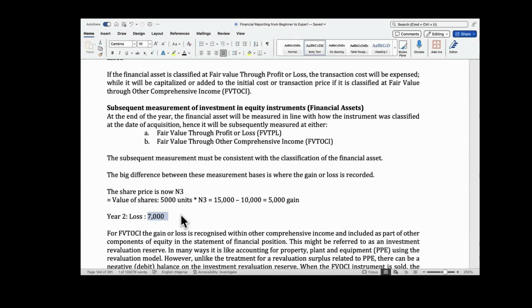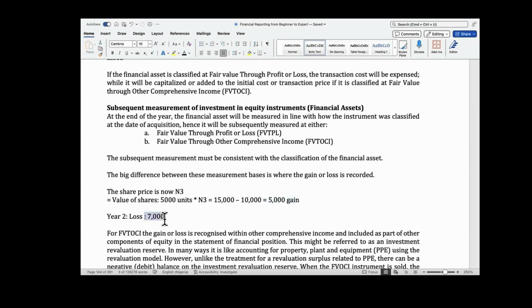Where will it go? Since it is a loss, if it is measured at fair value through profit or loss, the loss will be debited to... No, let's say it's measured at fair value through OCI. I will debit OCI and credit... This is year 2, we made a loss of 7,000 in year 2, and in year 1 we had a 5,000 naira gain.